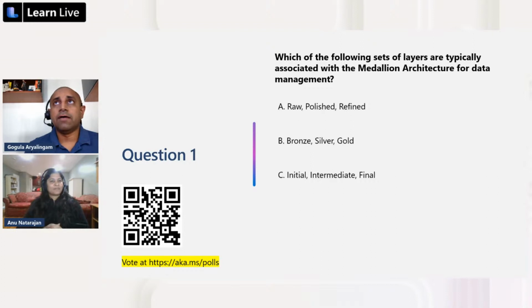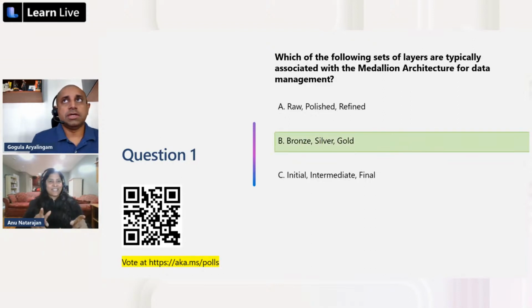I'm going to count down 10, 9, 8, 7, 6, 5, 4, 3, 2, 1, and then I am going to reveal the answer. The answer for this is B, bronze, silver, gold. Exactly what we highlighted during the session. And I think everyone got this answer correct.